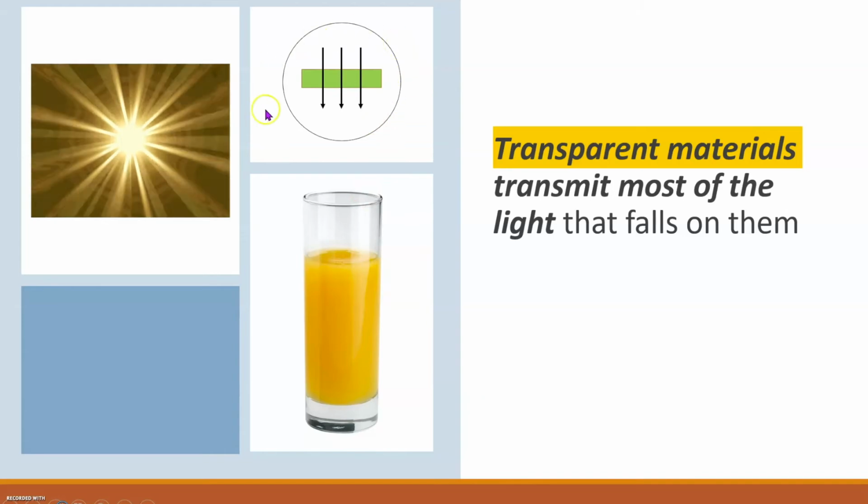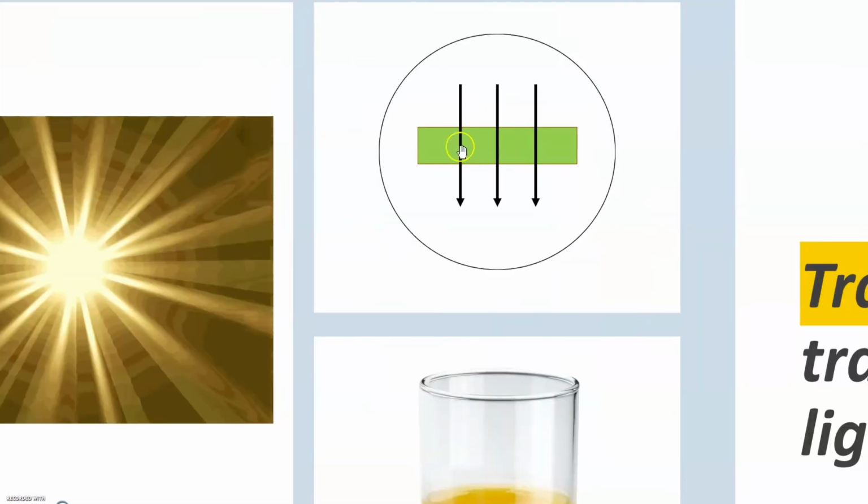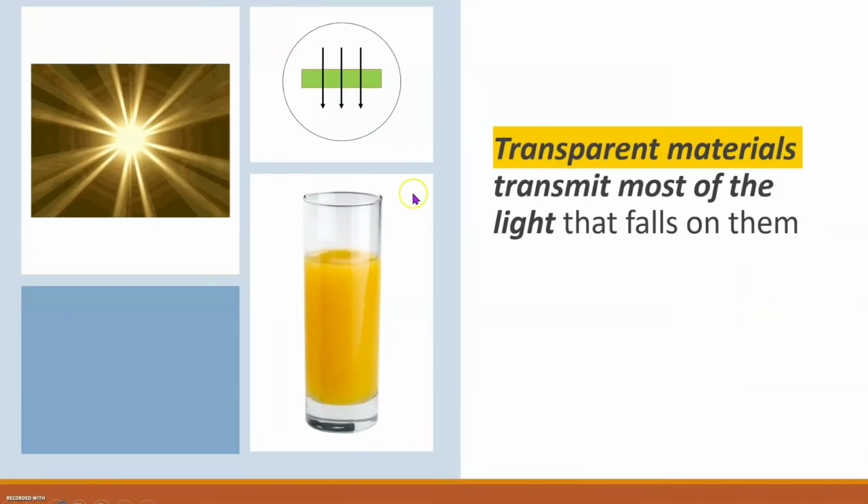Okay, so let's see this example first. This drawing right here is the surface of a transparent material, and these are the light rays. So when the light hits the surface of a transparent material, it will go through. It will transmit all the lights inside. As we can see in this example, this transparent glass, the light is transmitting through.